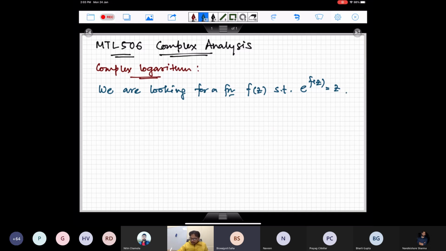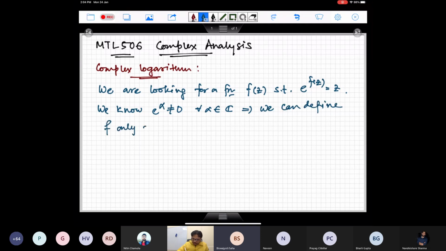Coming to the domain, let us try to understand. Clearly we know e power alpha is not equal to 0 for all alpha in C. That implies that we can define the logarithm only for non-zero complex numbers. So we can define f only for z not equal to 0.